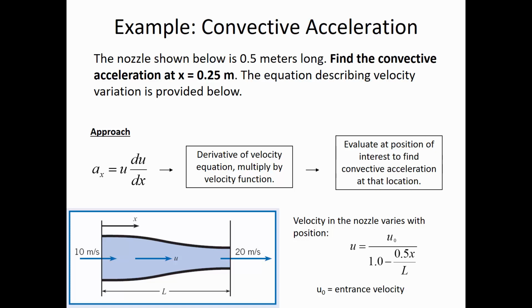So it's 237, and the units for convective acceleration are the same as local acceleration, meters per second squared. So that's the rate of change of velocity at the midpoint of this nozzle.